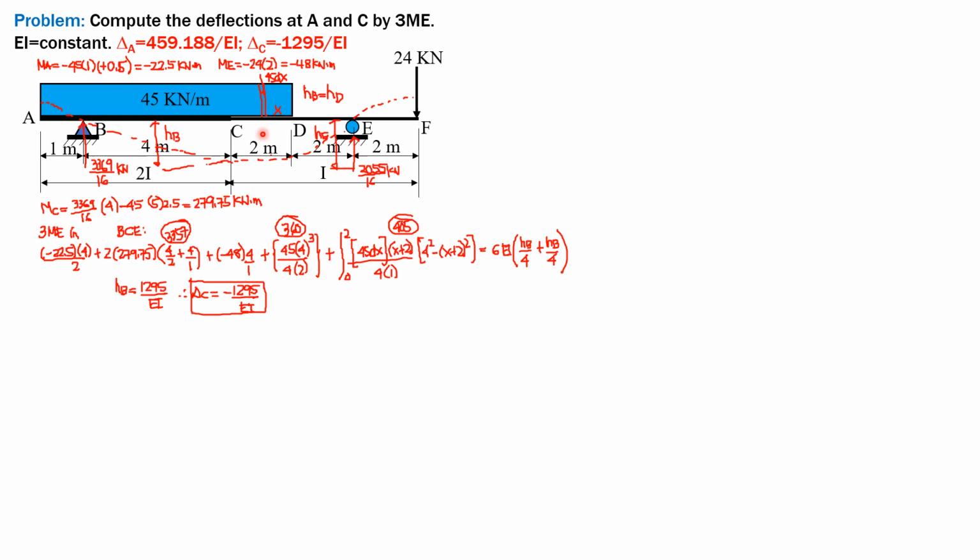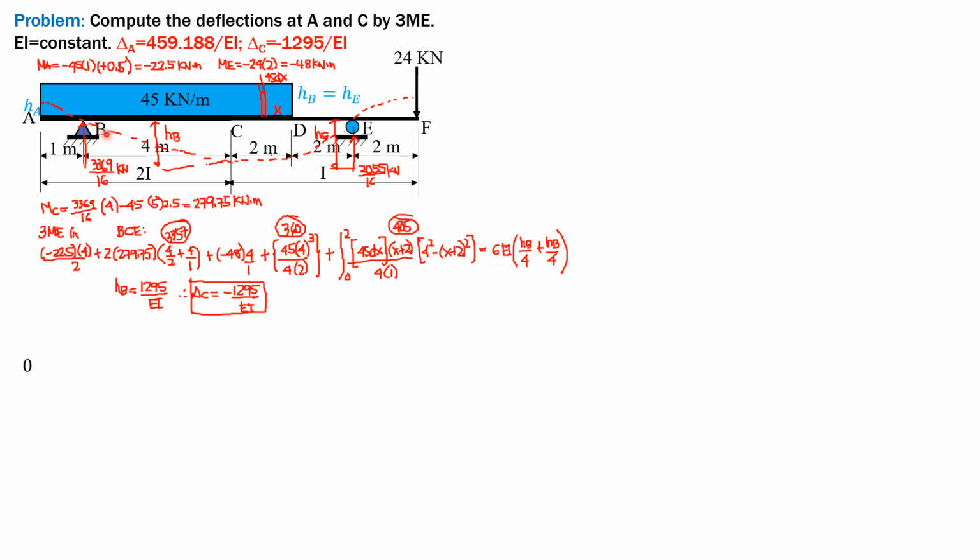Likewise, to solve for the deflection at A, we consider ABC because we have found delta C. So moment at A is 0, moment at B negative 22.5. So we then write the three-moment equation for portion ABC.